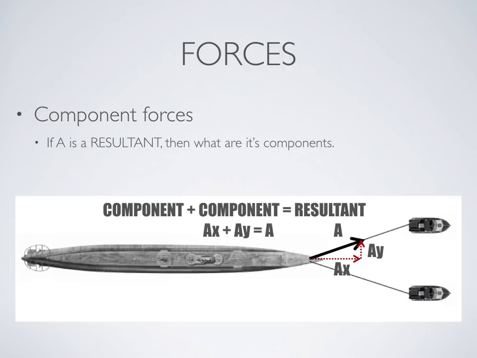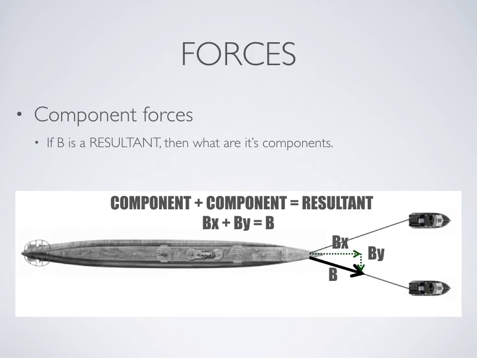AY moves from the tip of X up to the arrowhead of A, the resultant, only in the vertical y-axis. So AX is a component of A, AY is a component of A, and A is the resultant of AX and AY.